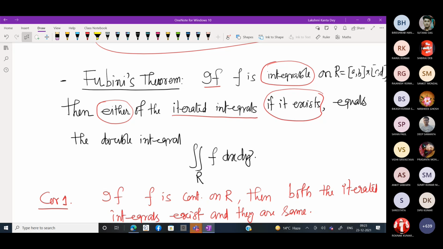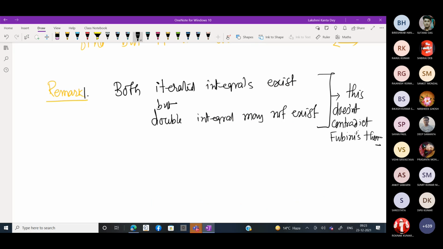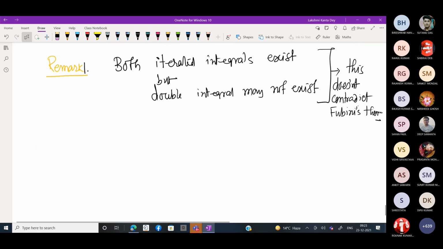If the function is not integrable, then you cannot give the guarantee. That means you have to find a situation where the function is not integrable, but both iterated integrals exist. Now I am in a position to give the example.